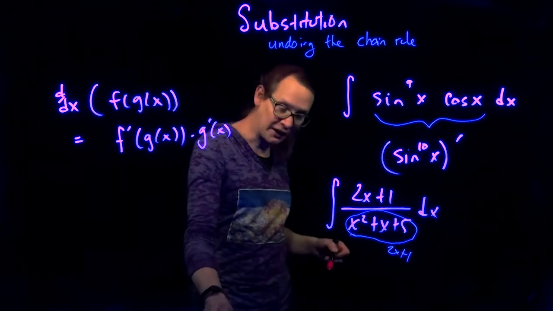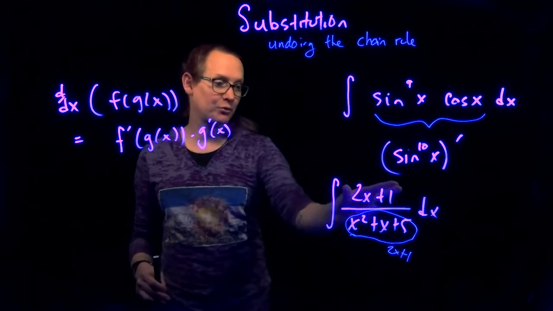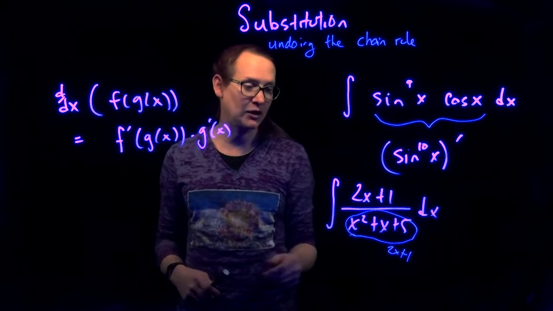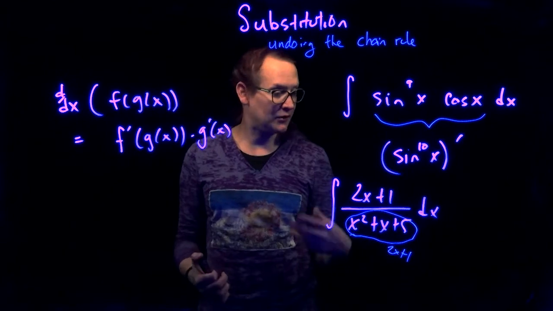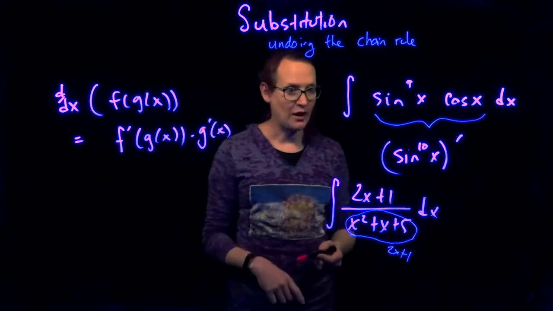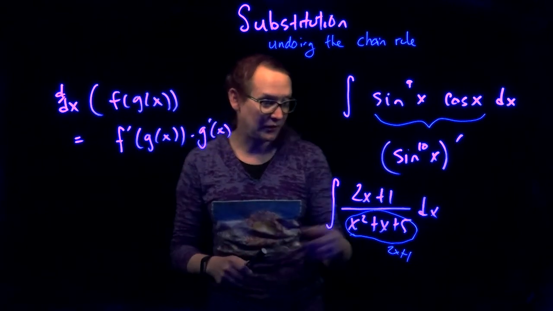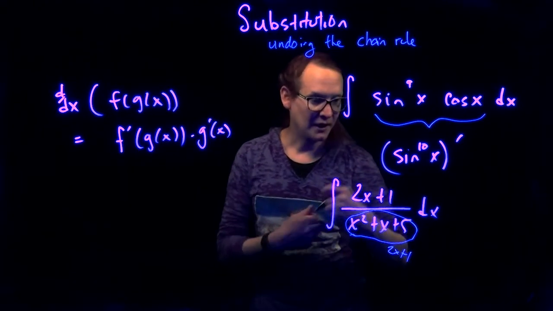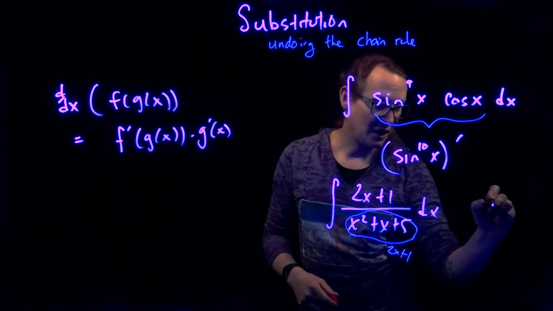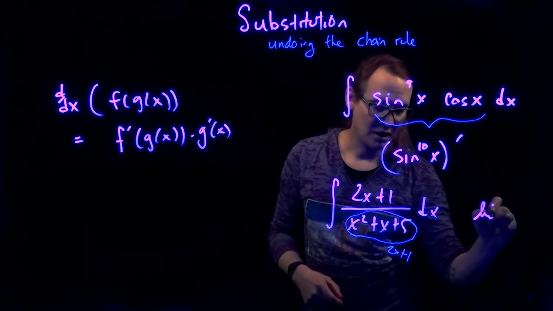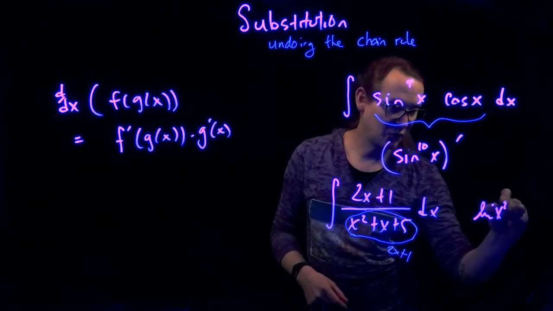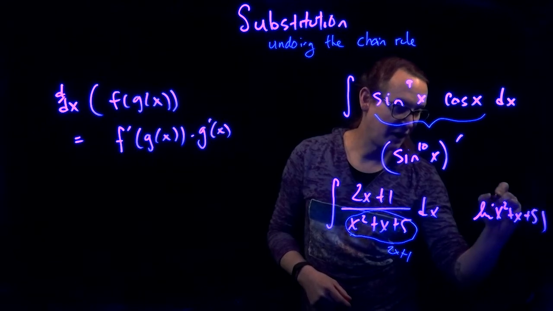There's a strong hint when we see the derivative of another part of the integrand, and that's going to hint that we're going to do the method of substitution. Namely, this integrand is the derivative of the natural log of x squared plus x plus 5.